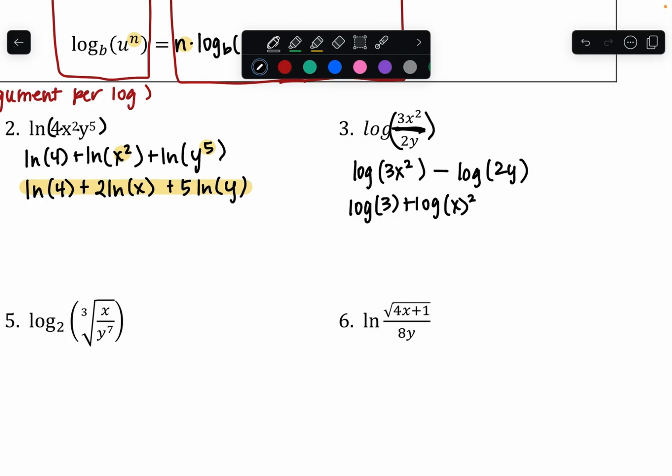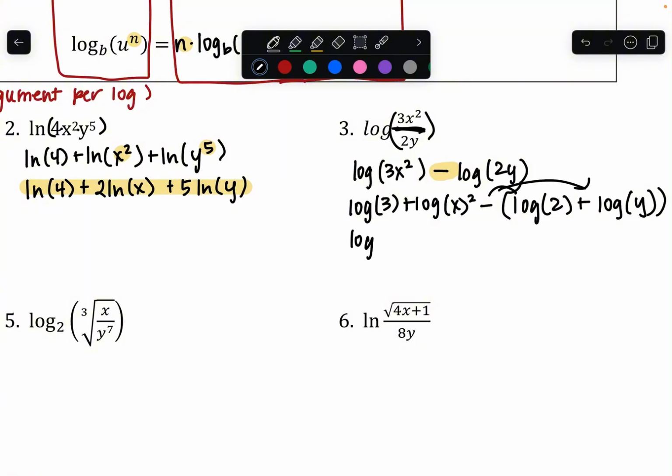And then notice that the 2y, they're both inside a negative log. We're going to have to preserve that. So log of 2 minus log of y. You can also think of it as you have that minus log of 2y, and so minus log of 2 plus log of y. And then you would just distribute that negative.